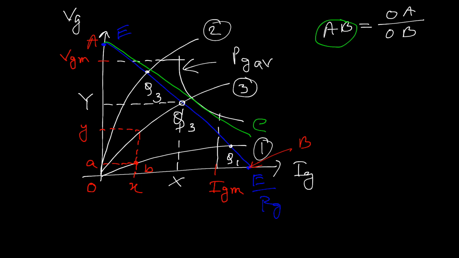But above it, if it has a high value, above AC, then the gate cannot be fired. That is why the maximum allowable gate resistance is defined by the slope AC, which is just tangential to the average power characteristics.